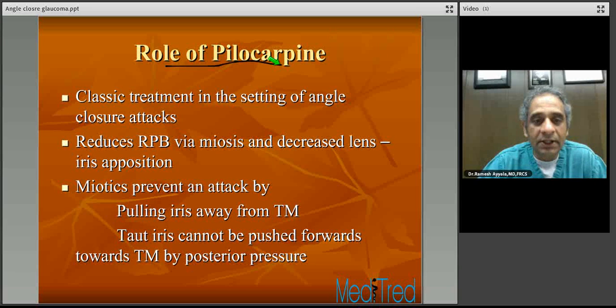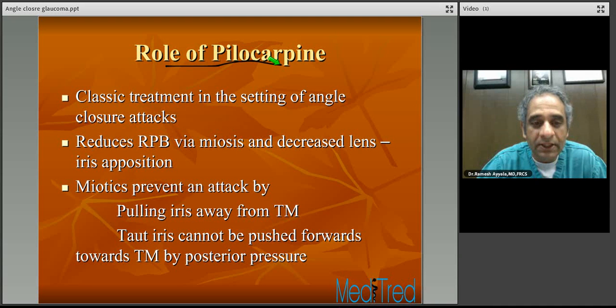The classic treatment in the setting of angle closure attacks is pilocarpine. This is an age-old treatment that's been described. It reduces the relative pupillary block. We went through that in the previous slides via miosis and decreased lens-iris apposition.